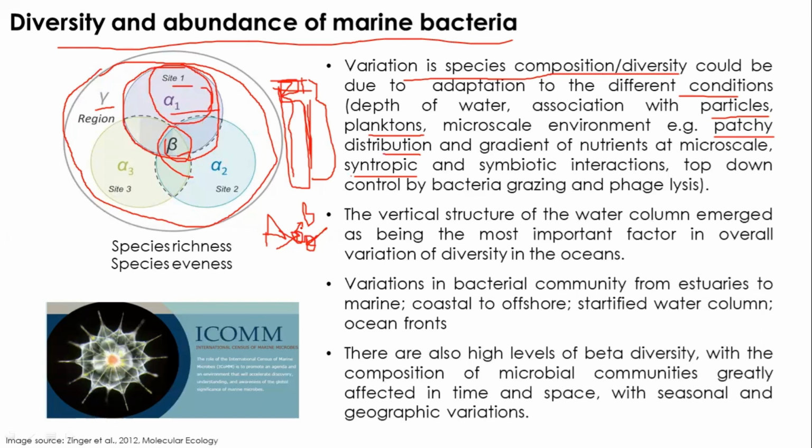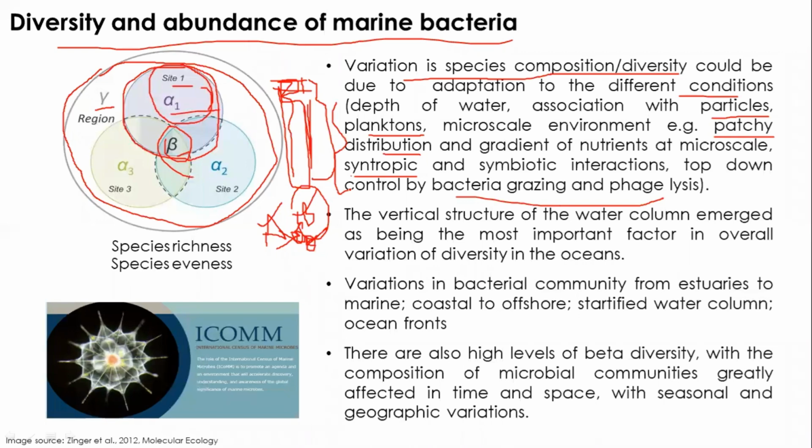So if A is present there, then B will also be present. If A is not present, then B may not be present there, right? Because of all these interactions, and also the phages, I will show you in the latter part of the talk today how phages regulate the biodiversity of microbes, right? So based on all these factors, there is a high alpha diversity in the marine bacteria.